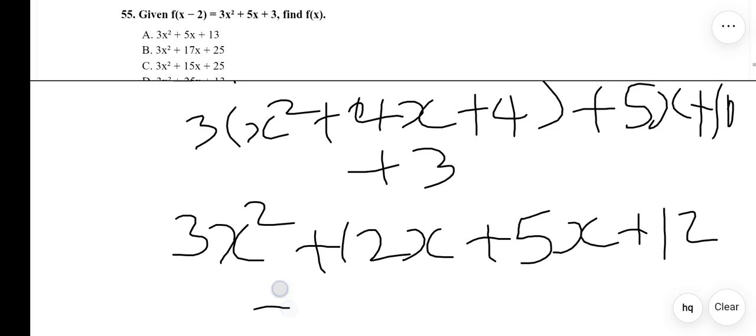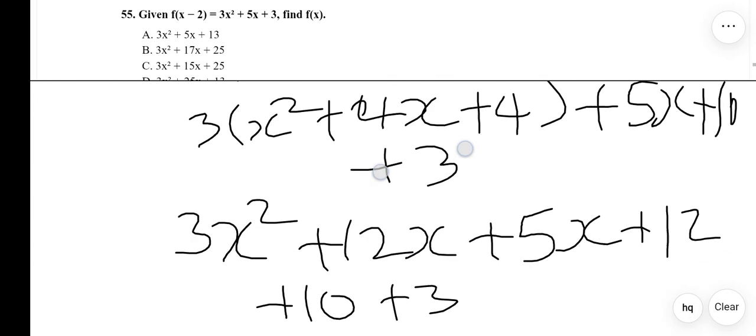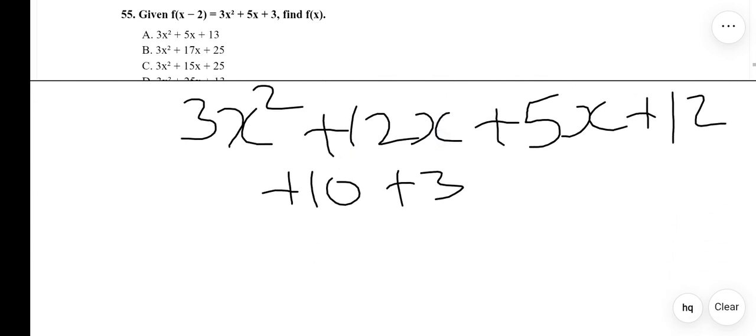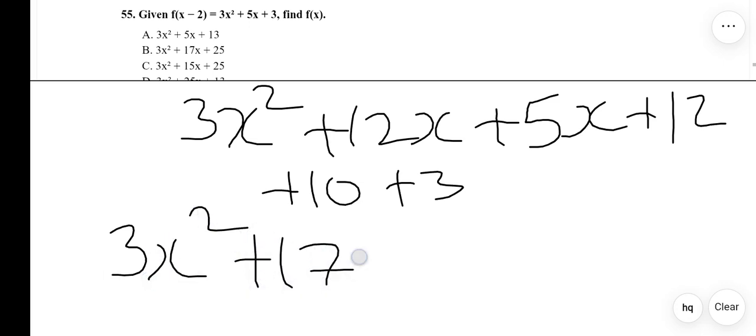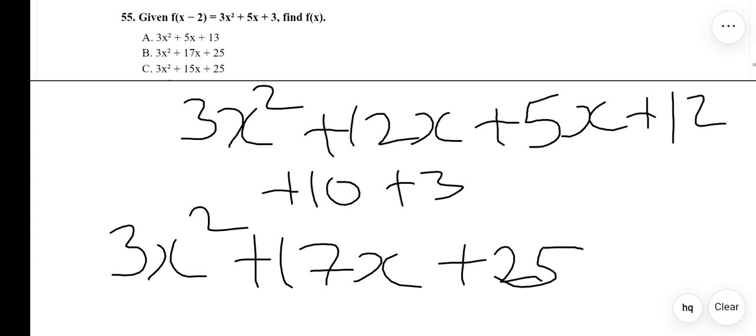Yes, plus 10, then plus 3, let me confirm, yeah, it's 10 that is there. So I have 3s squared, 12 plus 5, that is 17s, 12 plus 10 is 22, 22 plus 3 is 25. So B is my answer, 3s squared plus 17s plus 25.